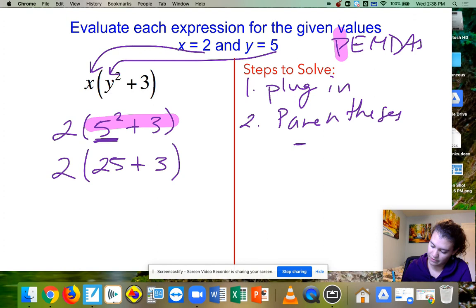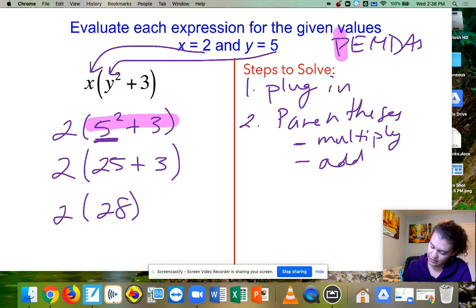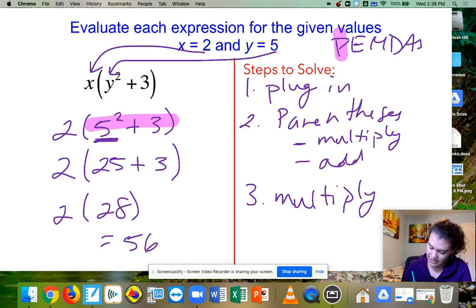But inside that, we need to multiply first. And then we can add the 3. So you'd get times 28, and then the last step would be multiplying to get 56 as your final answer.